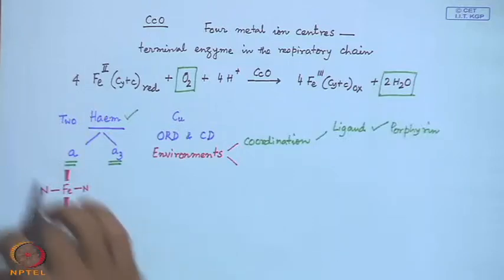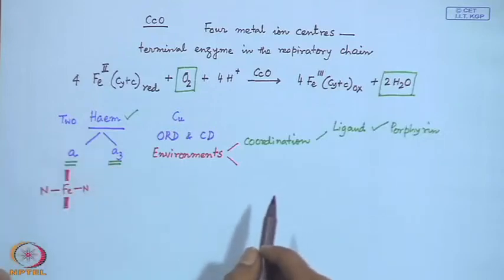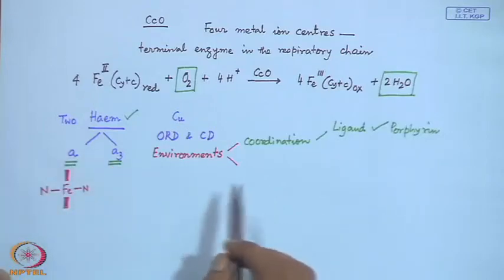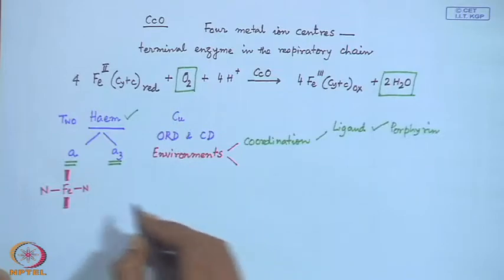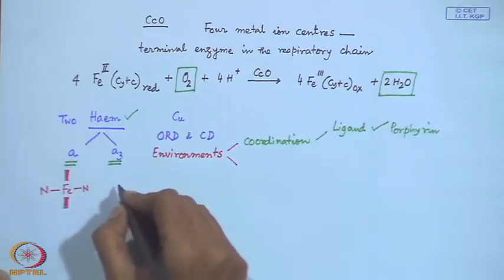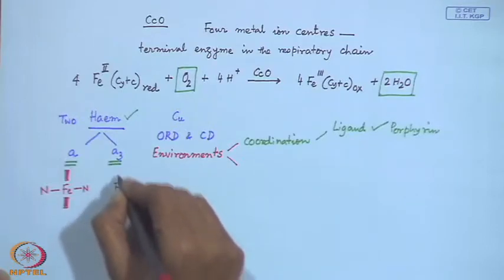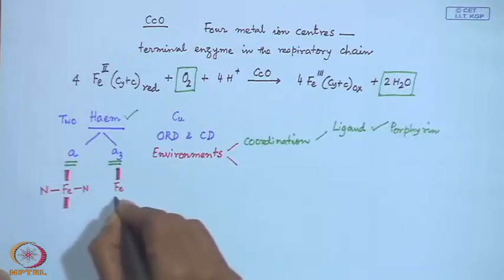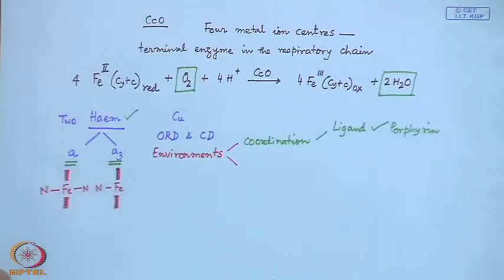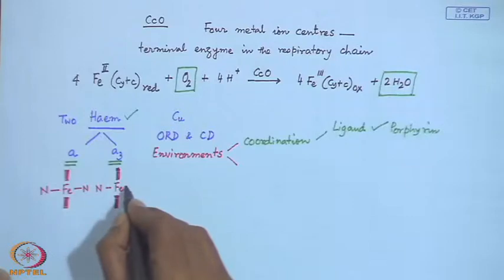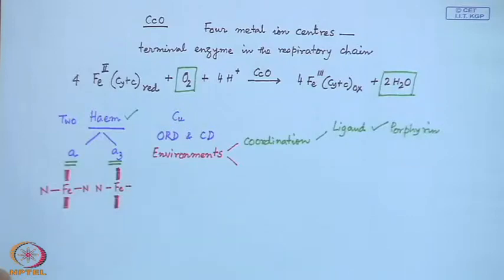That means it is coordinatively saturated, octahedral and 6 coordinate. So, it will show a typical electronic spectral pattern as well as ORD or CD pattern, which are completely different from A3, where A3 is nothing but the same iron attached to porphyrin with one nitrogen. That means it is now pentacoordinated.